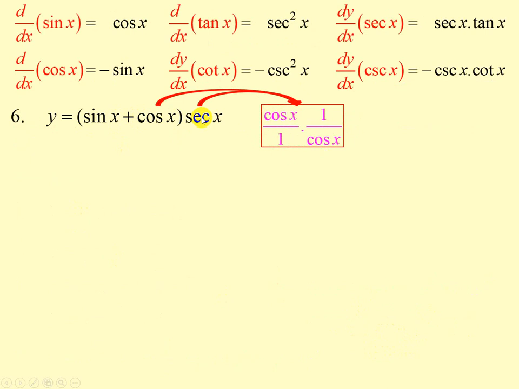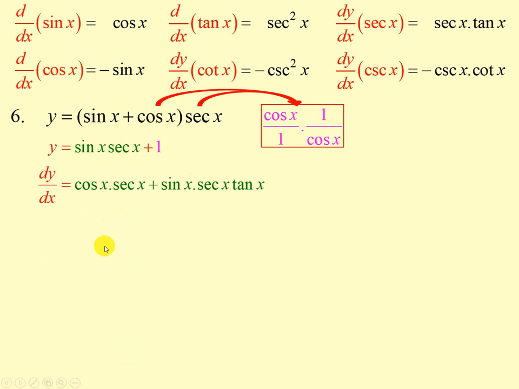Sine plus cos times sec x. Now a reminder, cos and sec are reciprocal functions. So that's cos and that's 1 over cos. So when you multiply them together, you'll have cos over 1 times 1 over cos, and that gives you 1. So sine x times sec x, there it is, and plus 1.